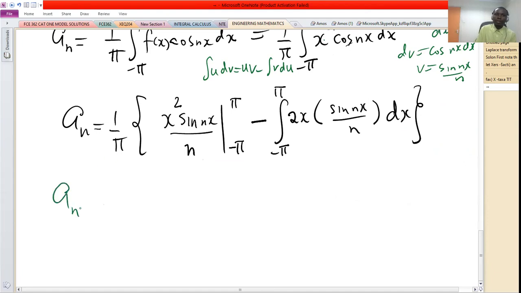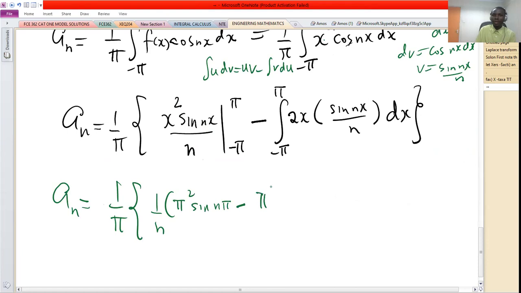So an will be given by 1 over pi into 1 over n, putting in the limits for this term, sine n pi and then minus pi squared sine minus n pi, then minus, I factor out 2 over n, minus pi to pi x sine nx dx.